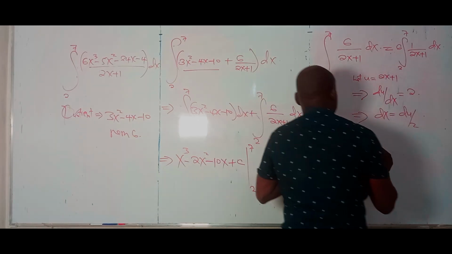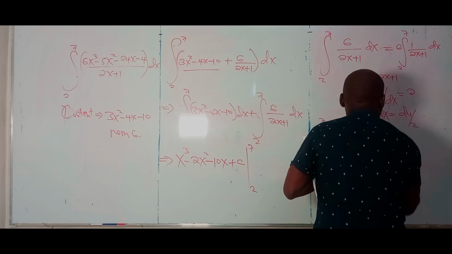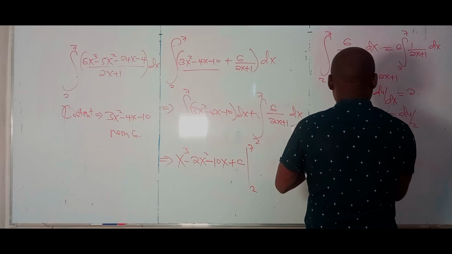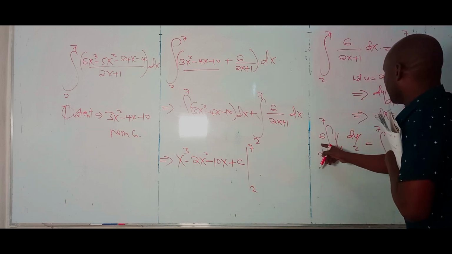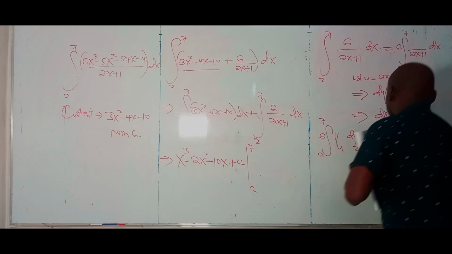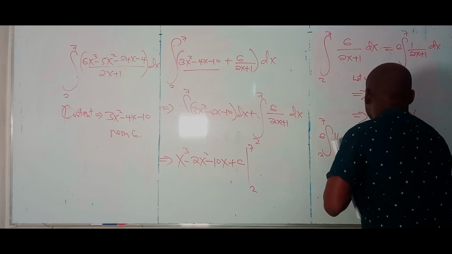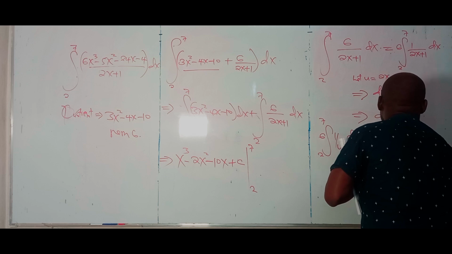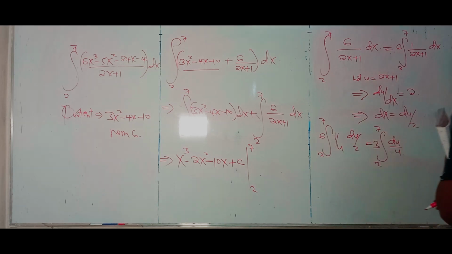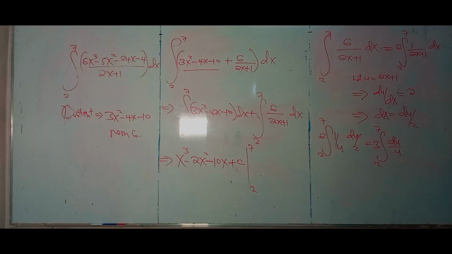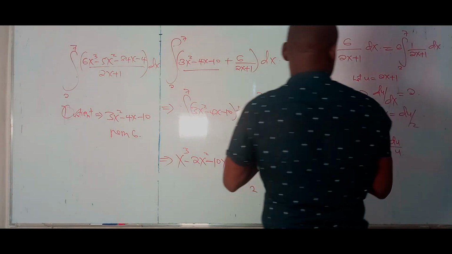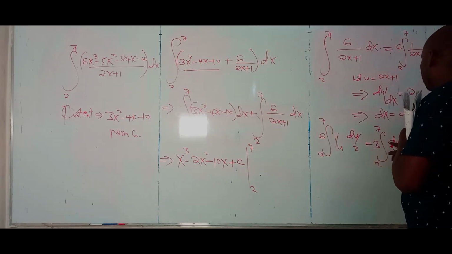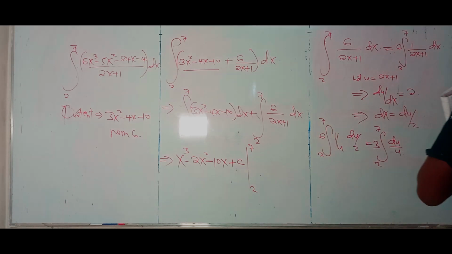The 2 I can bring outside so that it's 3. So I have 3 outside, but it is du over u, that is 1 over u du.